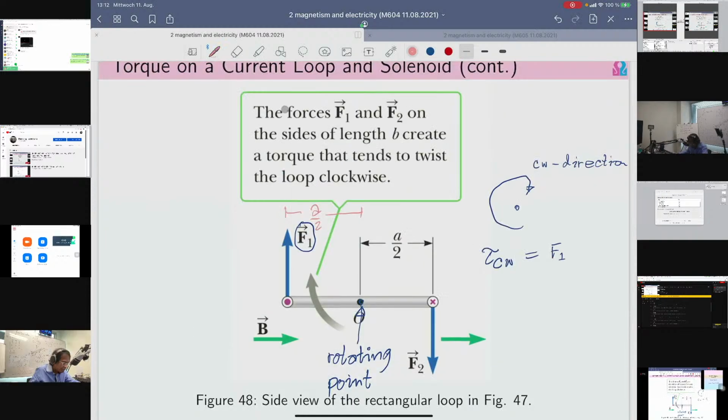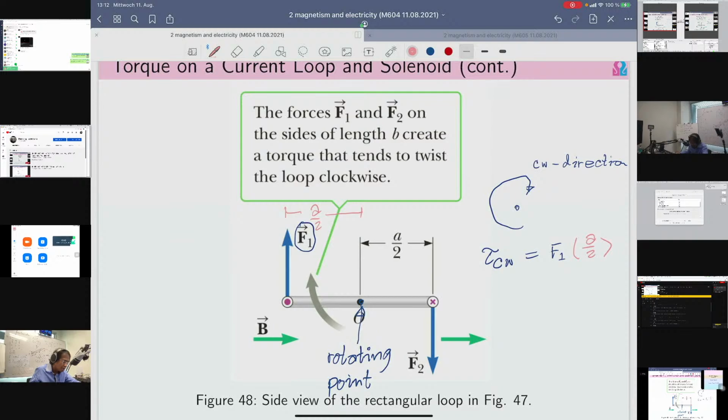The distance is A by 2, right? So you have F1 times A by 2. And this is one of the torques that can happen with reference to this point.